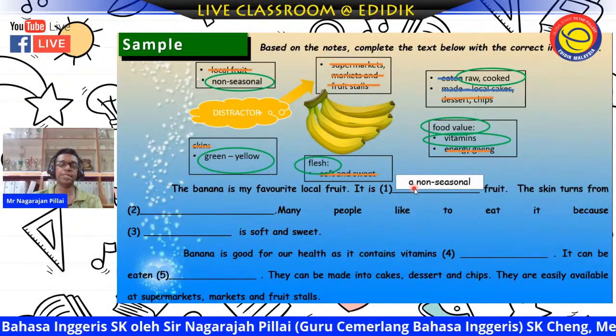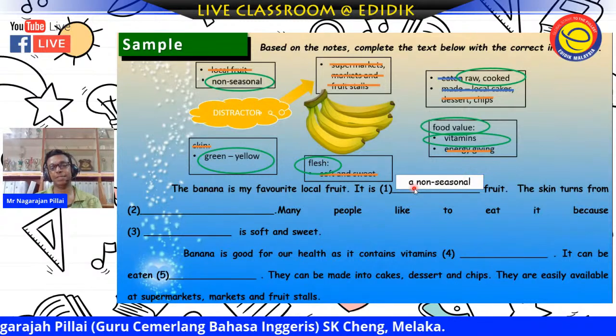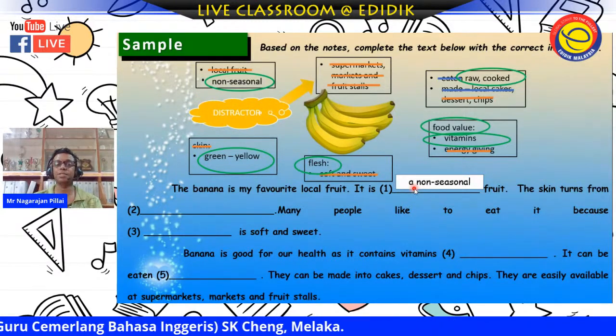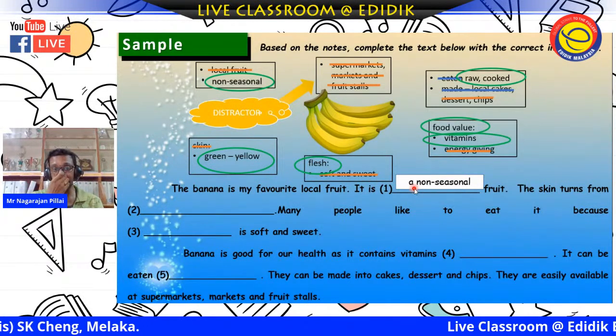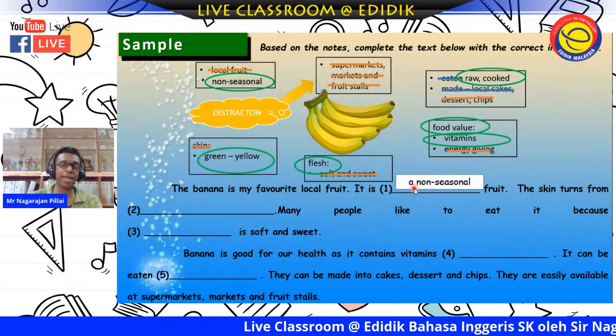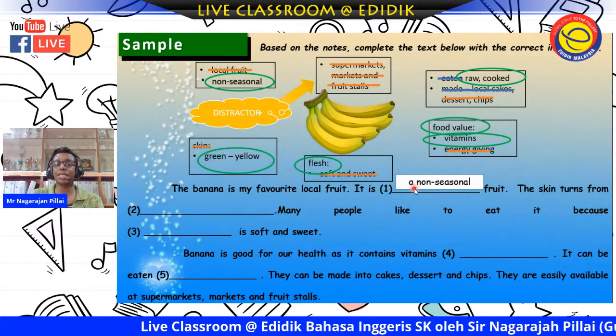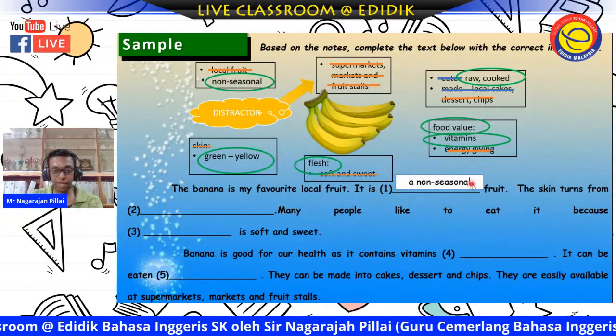Same like this: it is a non-seasonal fruit. Please remember this. It is very important for you to make sure you add something. I'm not saying that you need to add articles for all the 5 blanks. No, it depends on the sentence.